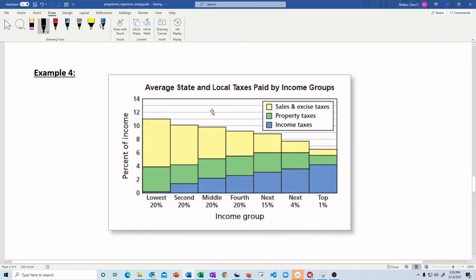And so right here you see, just focus on sales and excise taxes, the ones we talked about earlier, the consumption taxes. As a percentage of your income, look at how big this yellow bar is, this first one. This is a huge chunk of the income of people who are in the lowest 20% of income.